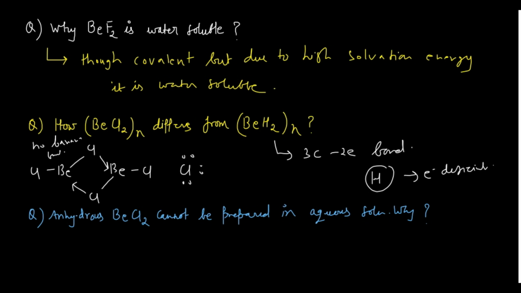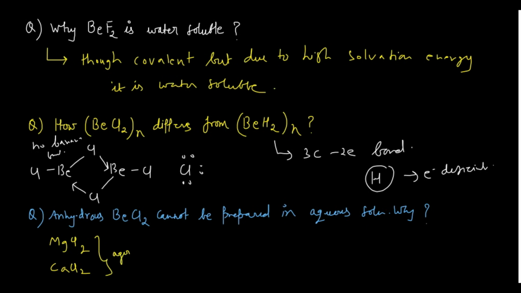Now next is what? Anhydrous beryllium chloride cannot be prepared in aqueous solution. Why? See, if you want to prepare, say, magnesium chloride, or if you want to prepare calcium chloride, you can easily form them in the aqueous chemistry, right?